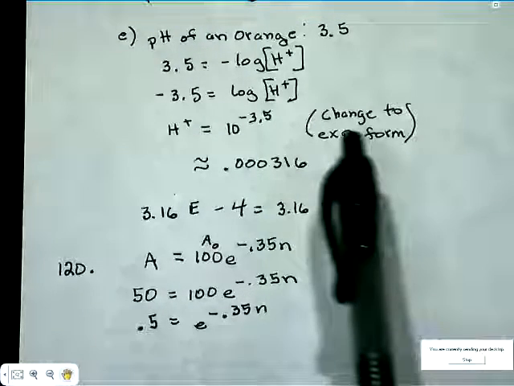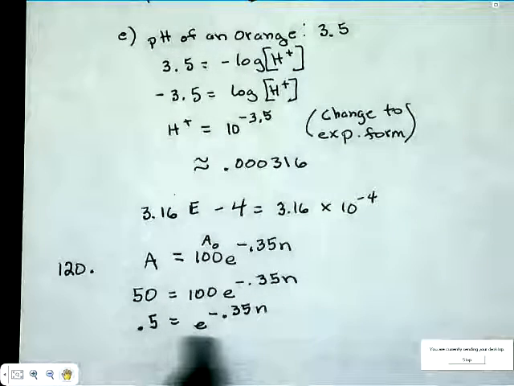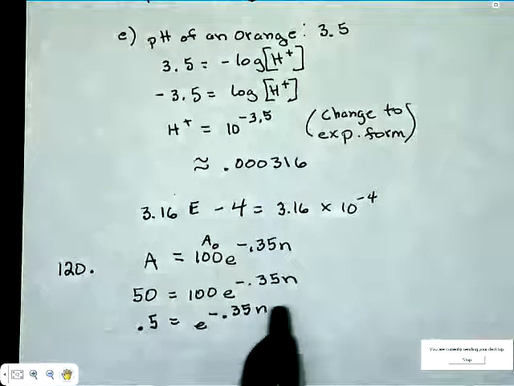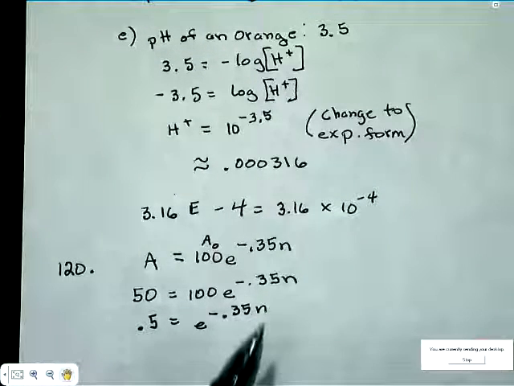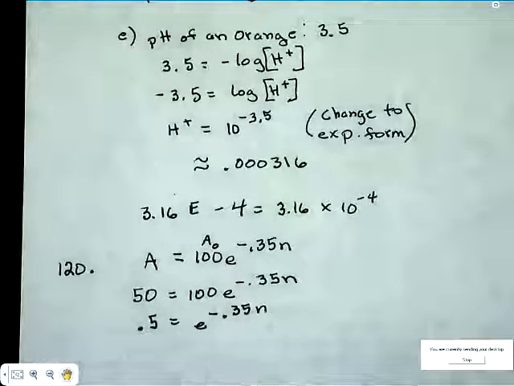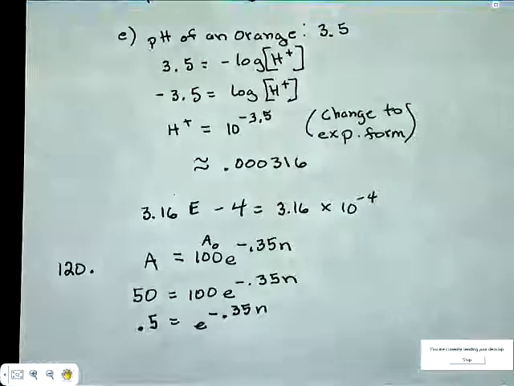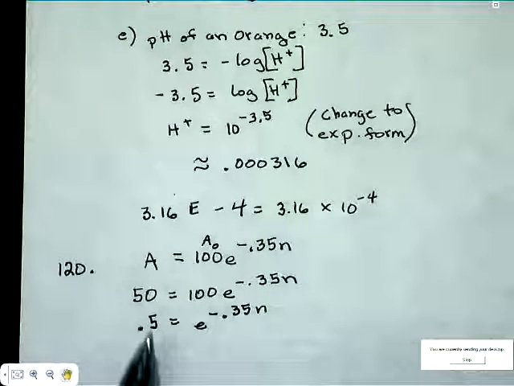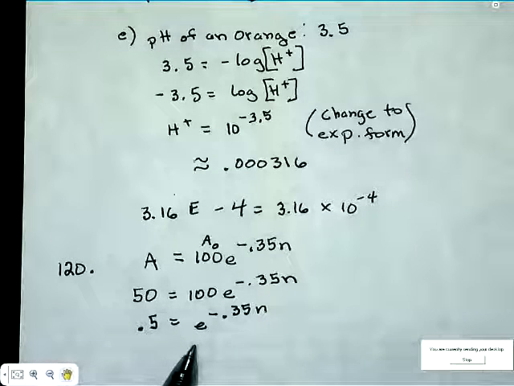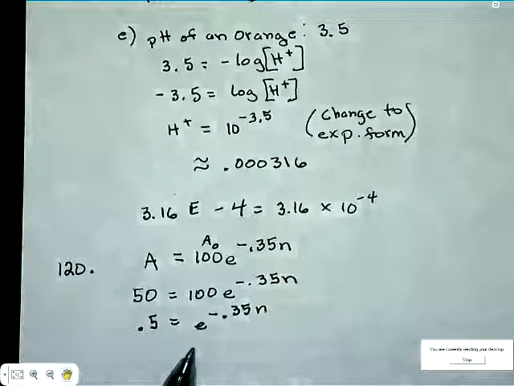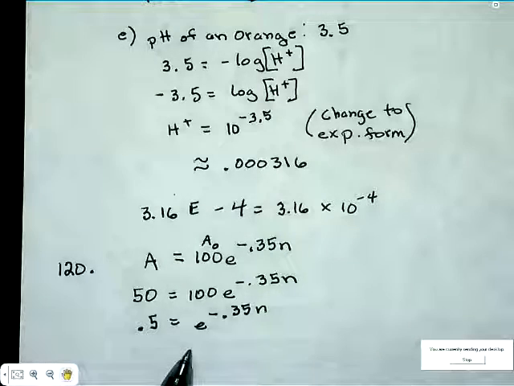Same thing we did here. If you have exponential form and you're solving for n, you can change it to logarithmic form. In logarithmic form, I could use log base what? Log base e, which is abbreviated as ln.